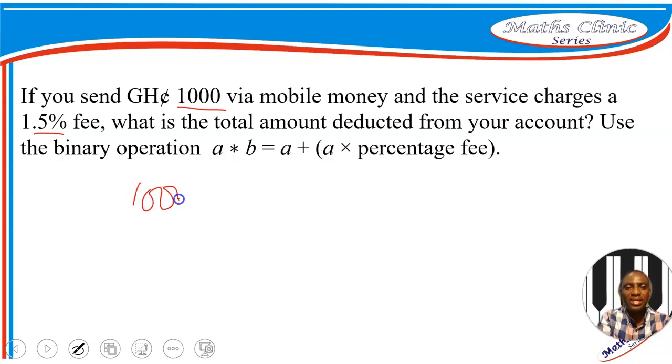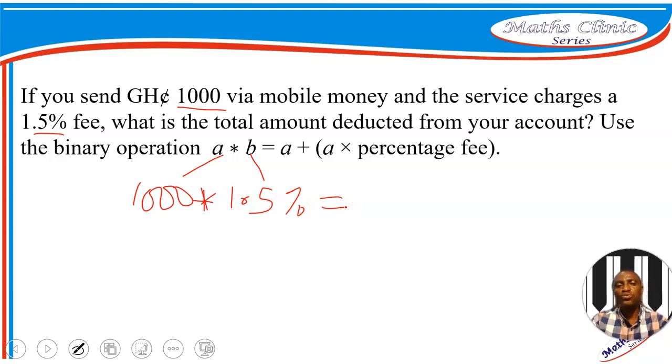Your 1,000 Ghana cedis operation 1.5%. So what it means is that your A represents your 1,000, your B represents the fee. And so in calculation, if you want to know how much deduction will be made from your wallet when you want to transfer 1,000 cedis to a friend, it's going to be your 1,000 Ghana cedis plus into bracket.